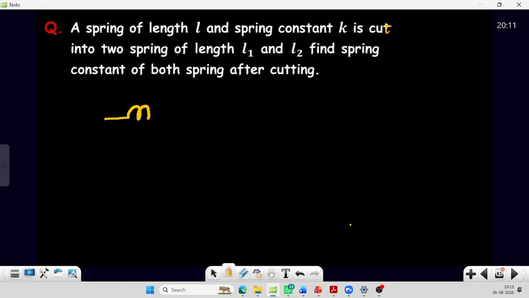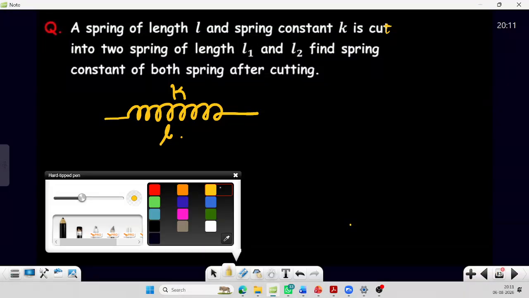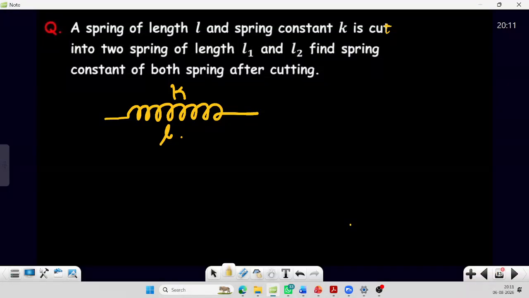I have a spring. The spring constant is K and length is L. Now, when I cut it into two parts, the spring constant of each part will change. It can be anything, maybe 1/3, maybe 2/3.